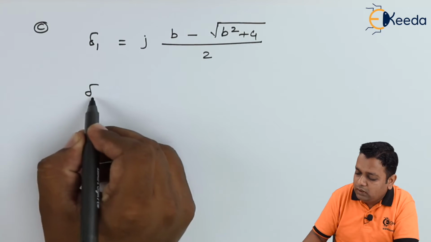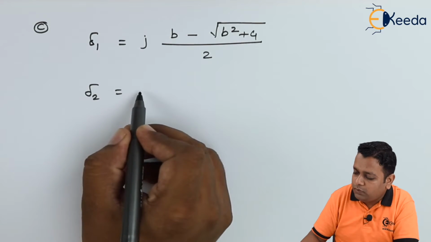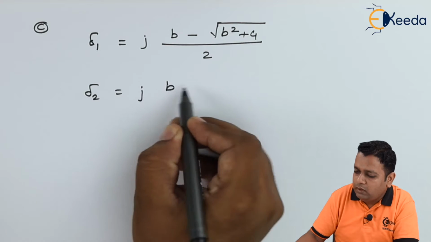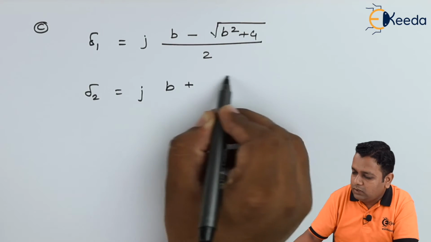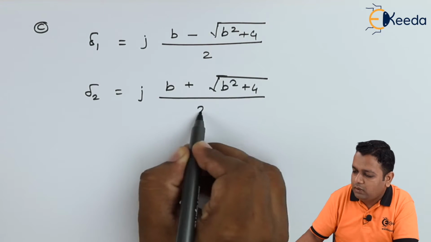Whereas the second differential is denoted as del 2, and it is computed as j times b added with the square root of b square plus 4, divided by 2.